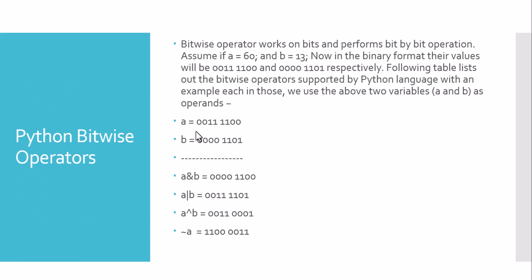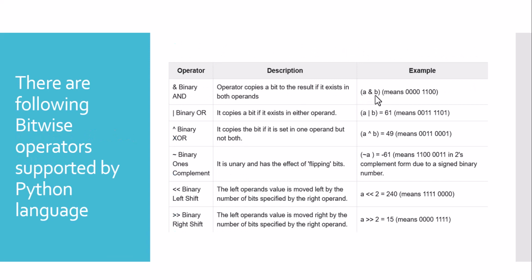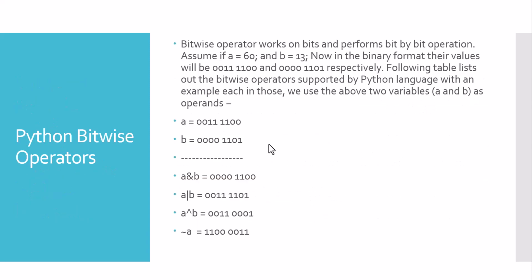See here, 0 0 gives 0. 0 1 gives 0, because it is not available in both. 1 0 gives 0. 1 1 gives 1, because it is available in both. So in AND, only if the value is available in both will it give the result. Similarly 1 1 1, 0 0 0, and 1 0 also gives 0, because 1 is not available here.